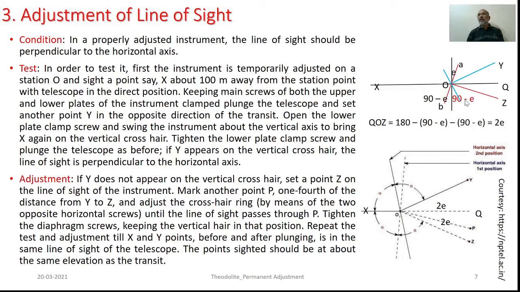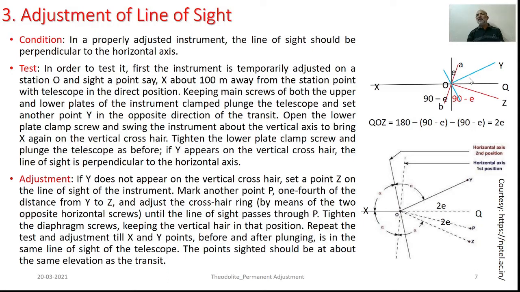So say with face left condition we are getting this particular location Y, and say with face right condition we are getting this location Z. So when the condition is with, say, face left, this particular line of sight is making some inclination of E with the horizontal axis.